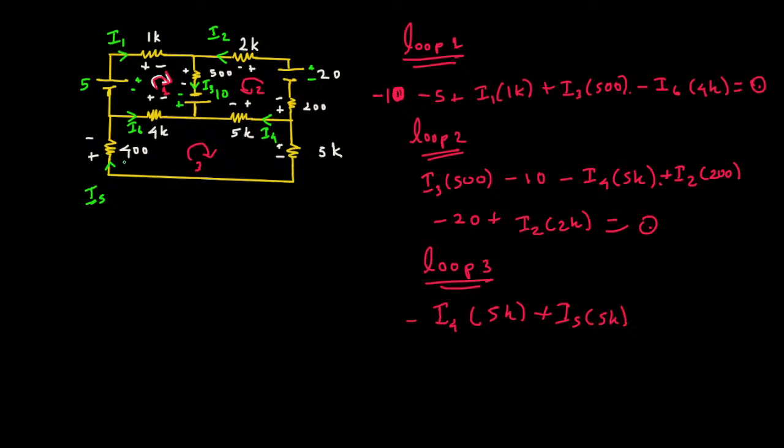And if I look at this one here, clockwise plus to minus, so this is plus, then same current I5 times 400. And then if I look at clockwise, this is plus to minus, so plus I6 times 4k, all should be equal to 0. So these are 3 KVL equations from 3 loops right here.